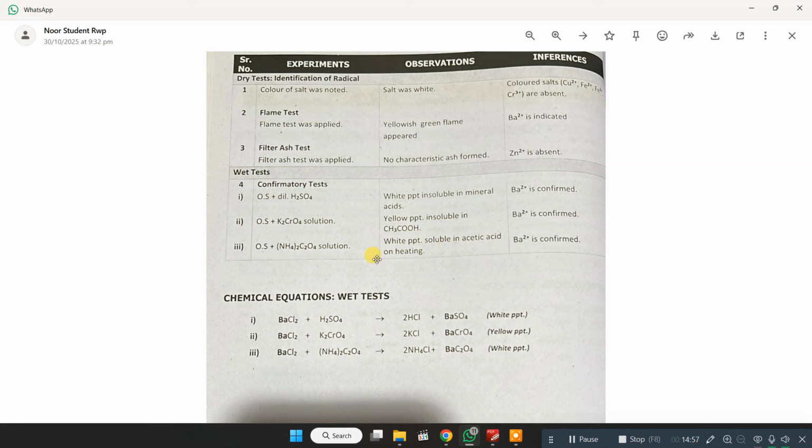Because oxalate is organic in nature, and acetic acid is also an organic acid, there is a little sameness in the group, and therefore it could be soluble on heating. Again, this confirms that barium plus 2 ions are present.